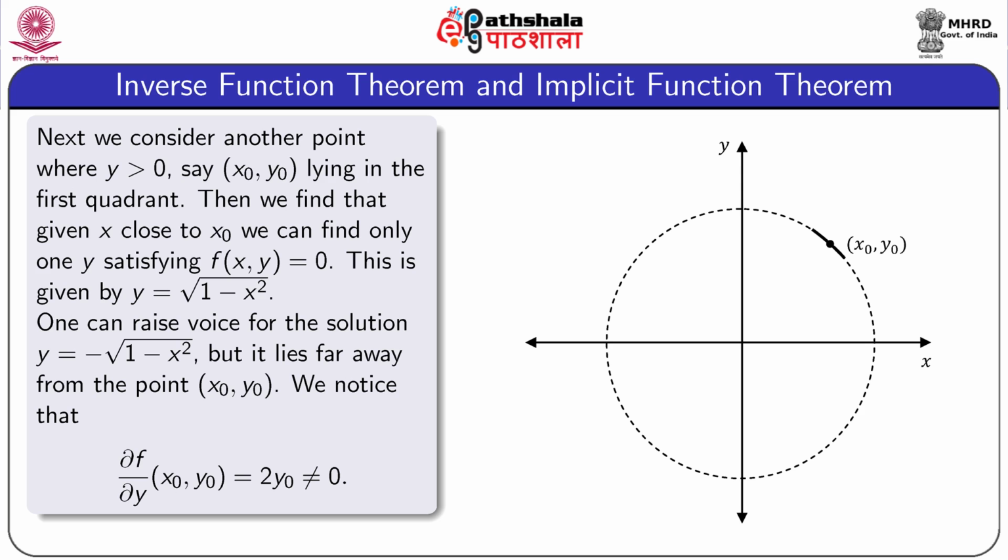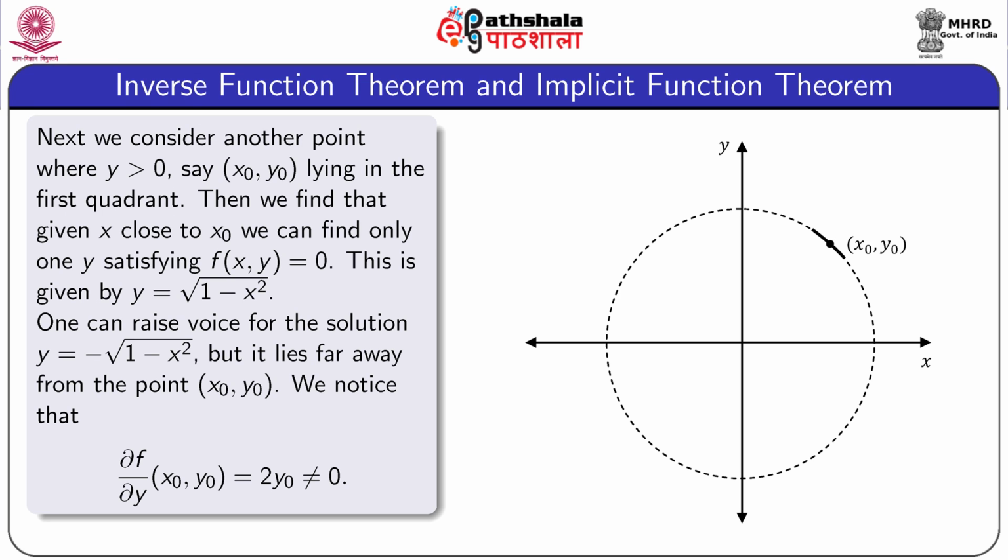Now, we consider another point on the same circle where y is greater than 0, say (x0, y0) lying in the first quadrant. Then we find that given x close to x0, we can find only one y satisfying f(x,y) equal to 0. This is given by y equal to square root of 1 minus x square, obviously non-negative.